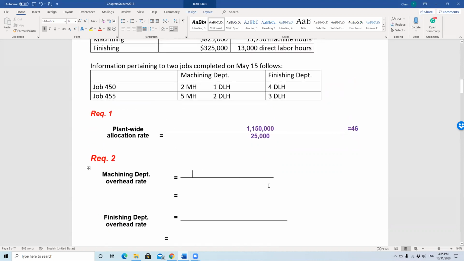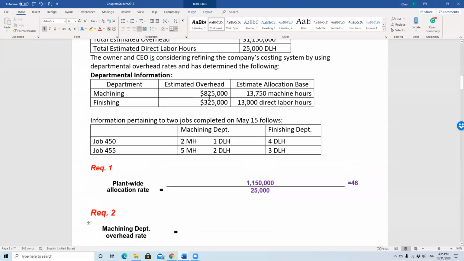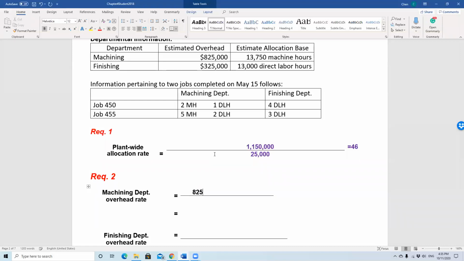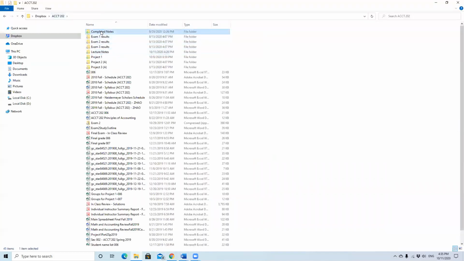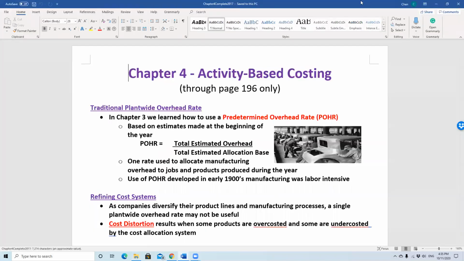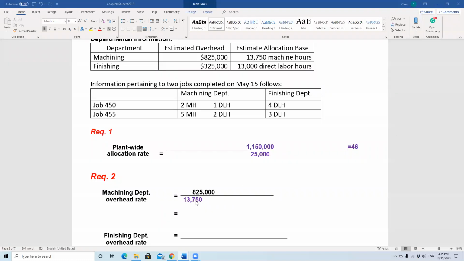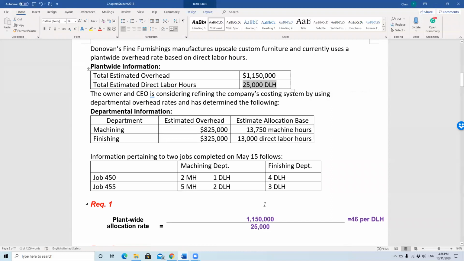For the machining department, the estimated overhead is 825,000, divided by the allocation base of 13,750, and the answer is $60 per machine hour. For the finishing department, we use direct labor hours as the allocation base.